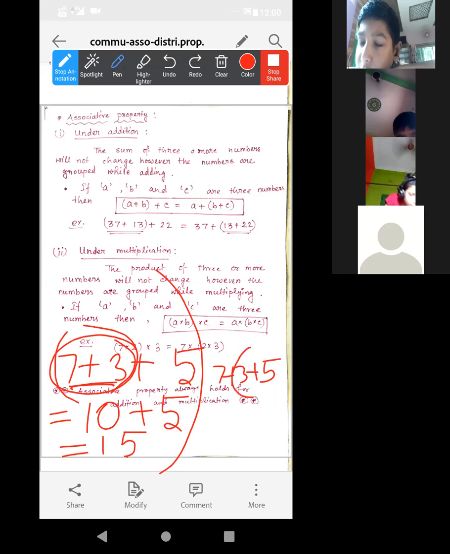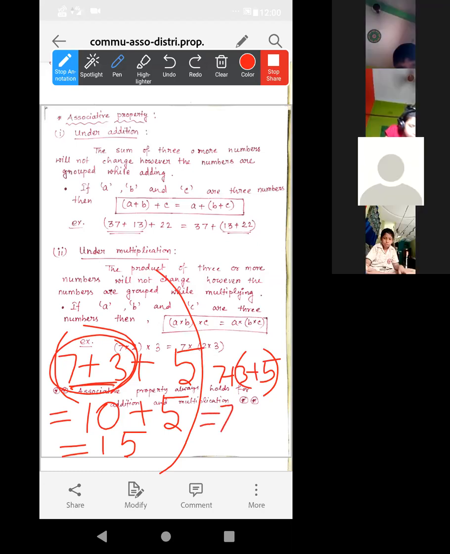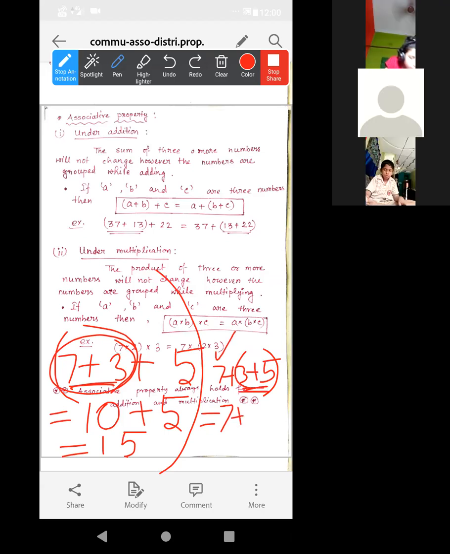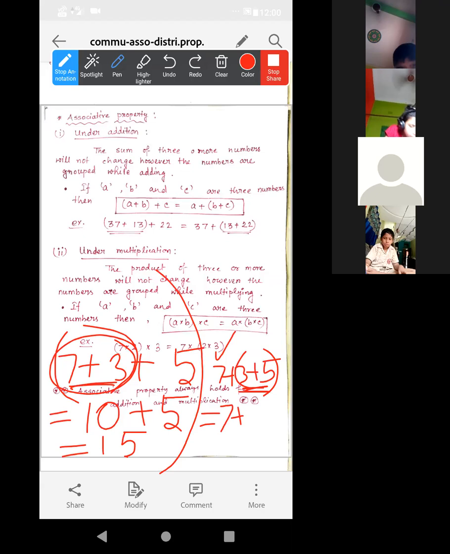Understood? These two numbers first. So now look at this. 7 will remain as it is, plus 5 plus 3 is equal to what? 8. Now it is equal to 15.